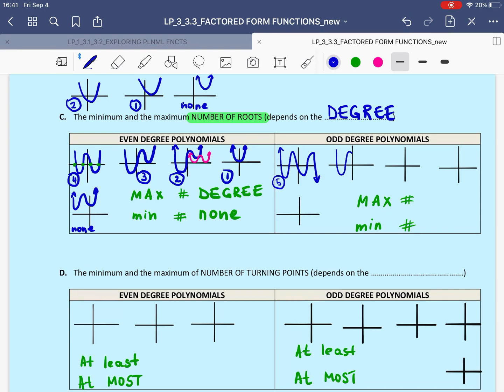But we can also have 1, 2, 3, and then 4 roots. Also, a 5th degree polynomial function can have 3 roots. So here we go. 1, 2, and then 3.